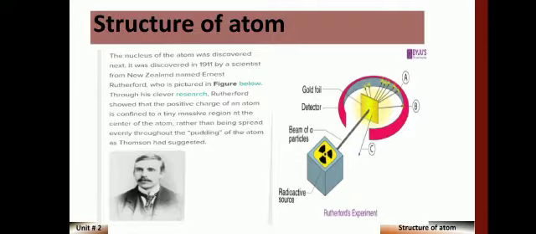So he suggested that it also contains negatively charged particles. He observed that few particles are reflected back, so positively charged massive particles are found in the center of an atom.